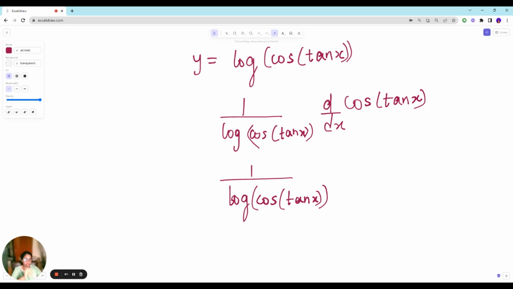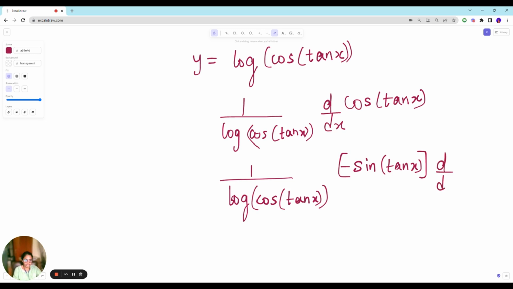I have cos of tan x. I would take tan x as t, correct? Then what would I have? I would have cos t. What is differentiation of cos t? It is minus sine. I'll resubstitute in place of t tan x. Always remember the angle remains as it is. It never changes.